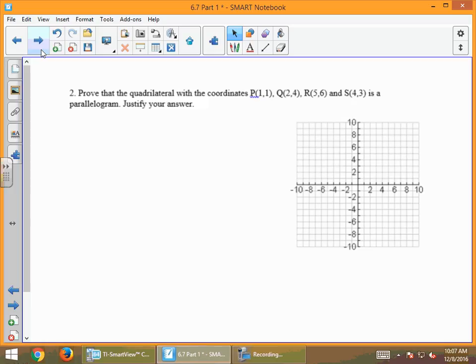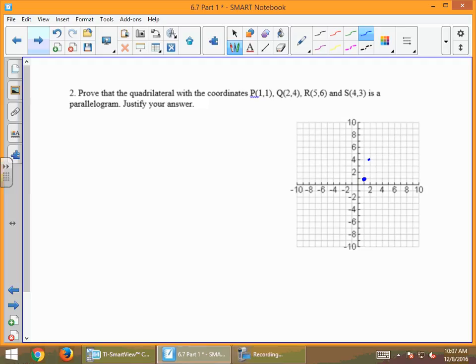All right, so let's prove quadrilateral coordinates. There they are. Little buttons and parallelograms do the same exact kind of thing. But first we need to do what? Plot the points. Go ahead. Let's plot P, Q, R, S. Go right ahead. P is 1, 1. The other one is 2, 4.